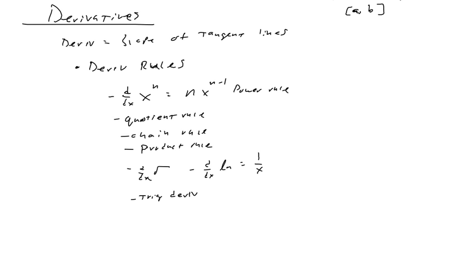The derivative of e to the x, d dx of e to the x is e to the x. Trig derivatives. I think that's mostly it. All those derivative rules we talked about.